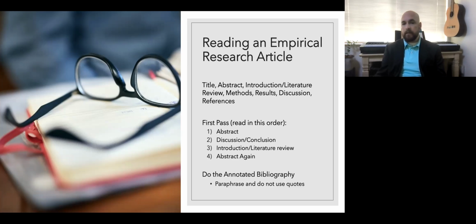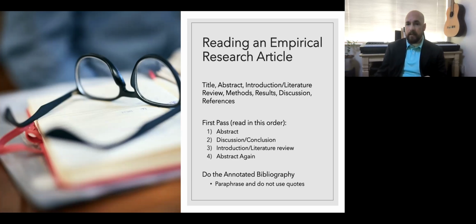Don't worry if you don't understand it. It will make more sense later. The gist here is for you to briefly know what the article is about before you read it. After you've read the abstract, you should go straight to the discussion or conclusion section at the end of the paper. Here, you find out what the results of the study are, why this research is important, and its implications.